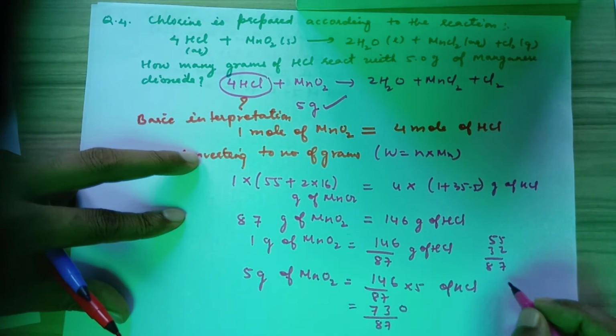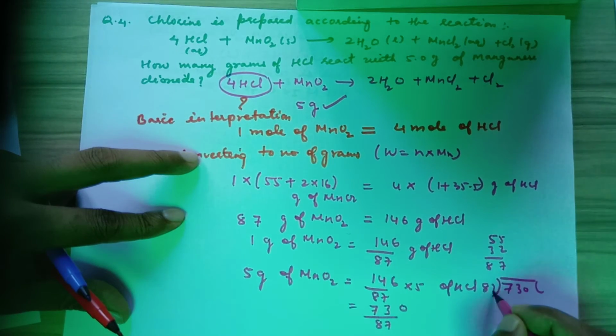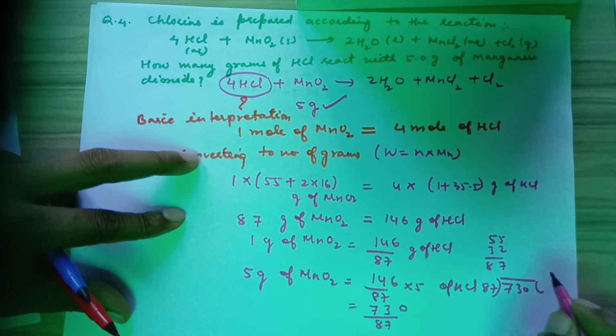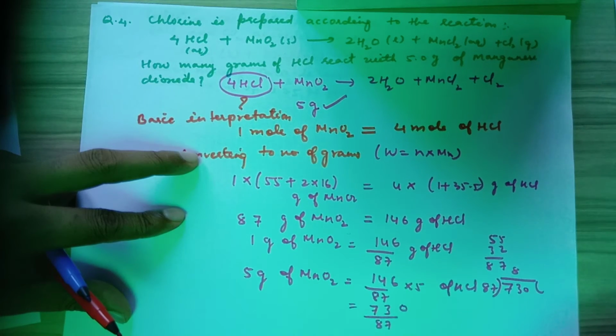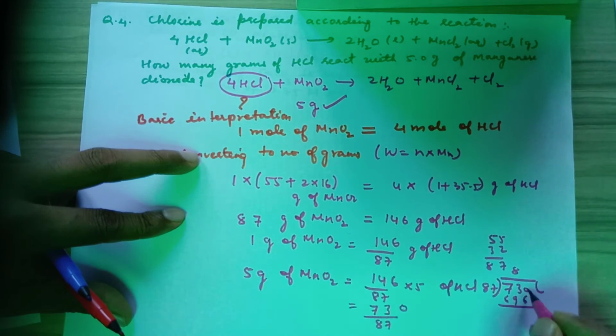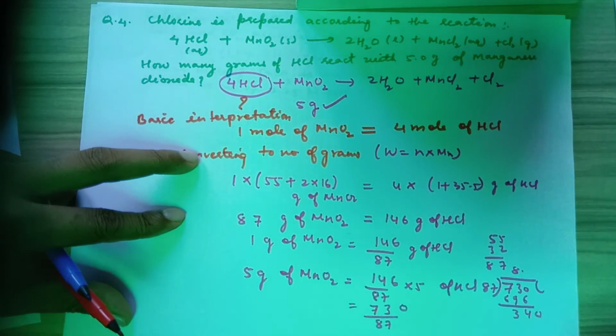When we divide 730 by 87, it will go approximately 8 times. 8 sevens are 56, 8 eights are 64, that will be about 69, and so on up to three decimal places.